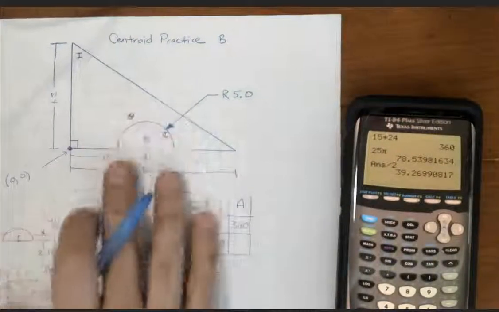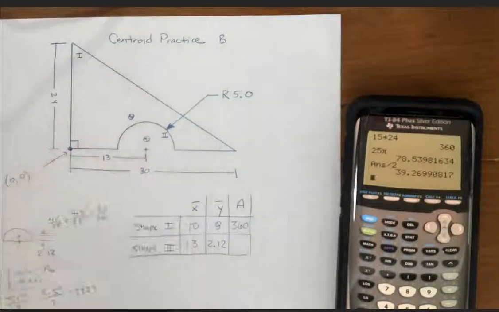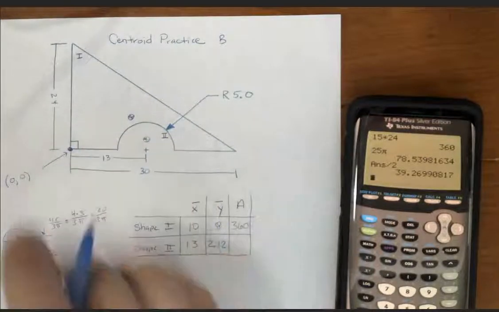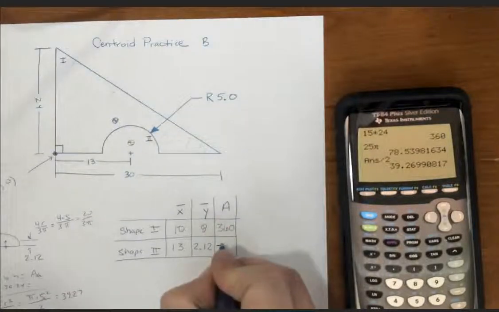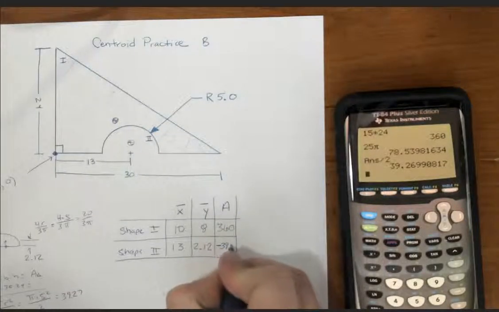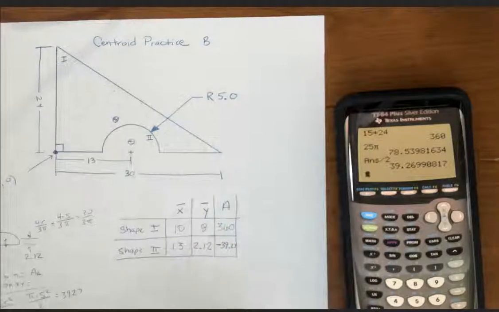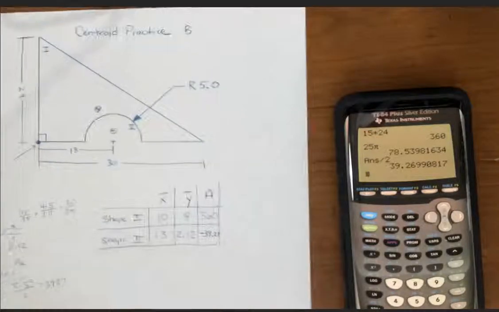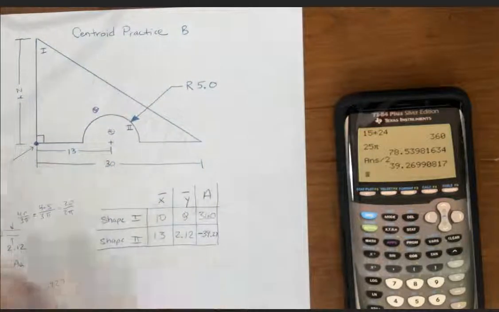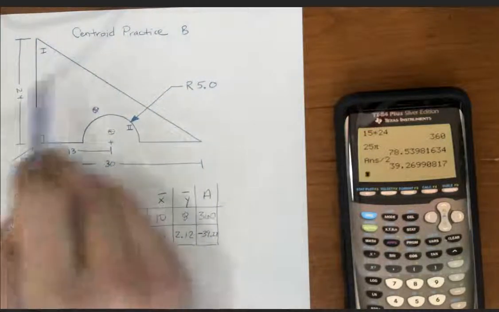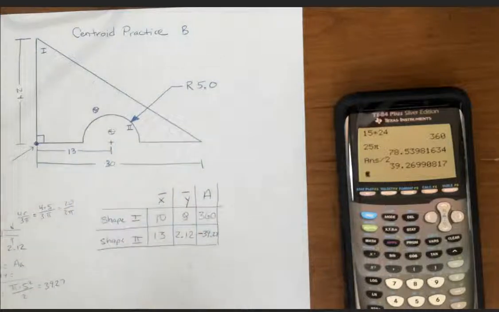So if I'm trying to account for it as not part of the mass, the area in question is a negative area. It is subtractive. So I need to have a negative 39.27 area. Okay, so now I have the coordinates of two different centroids, and I have the areas that they represent. One is positive, and one is negative.